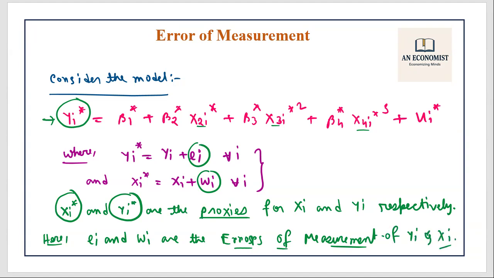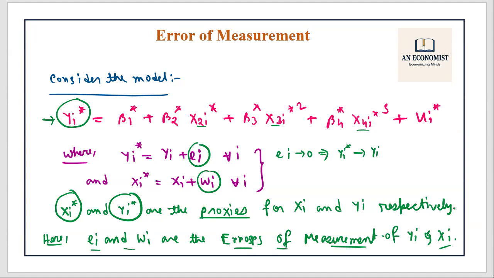So see here, if ei goes to 0, can you say what will happen? What does this mean? If ei goes to 0, then yi star will go to yi, right? We call this ei and wi the errors of measurement.